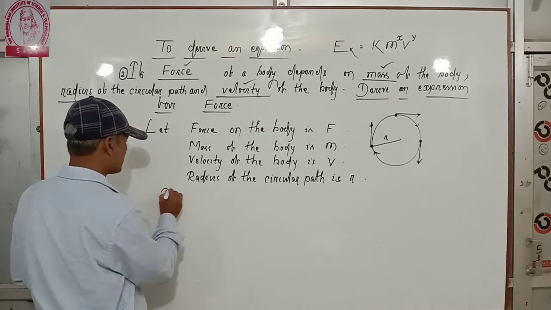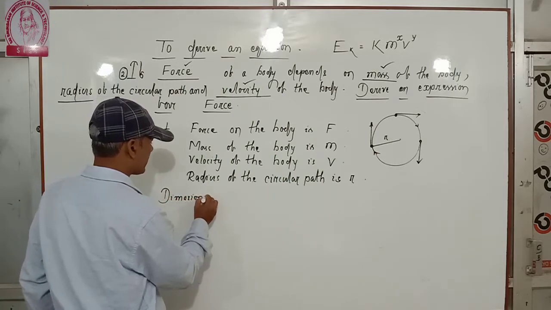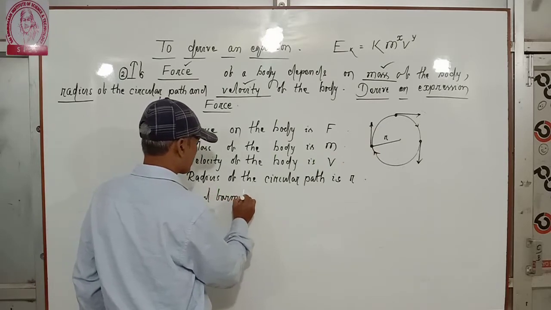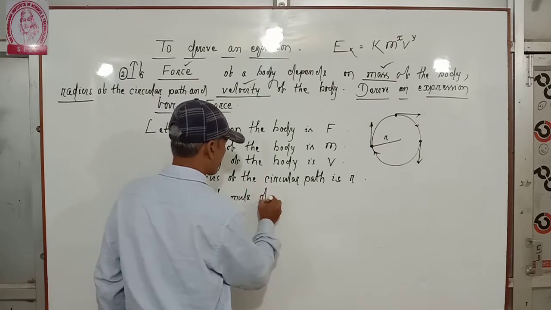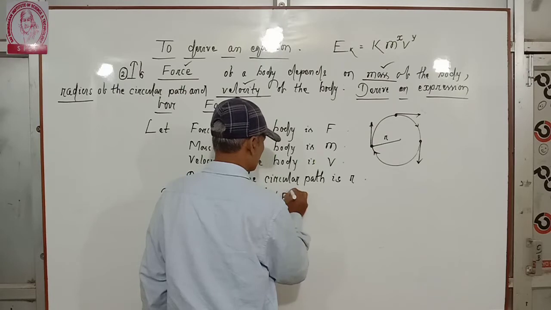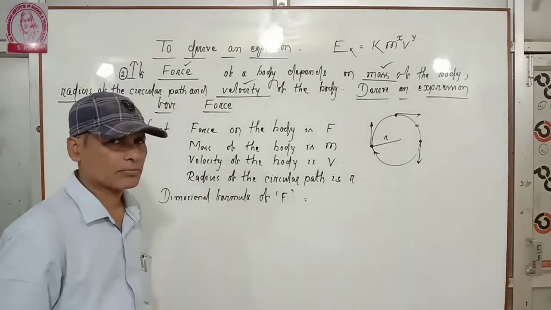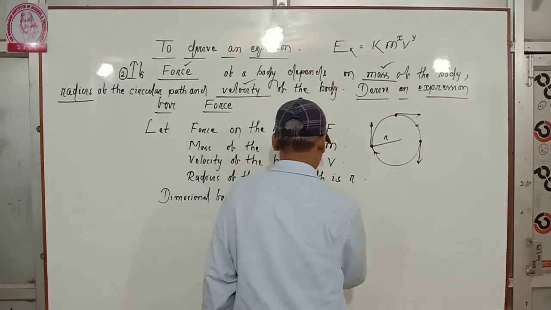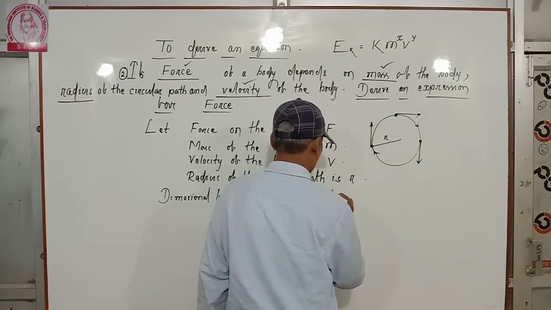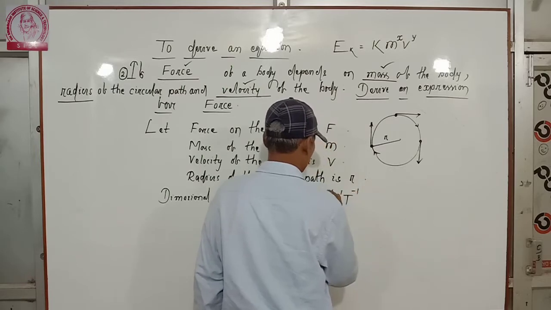First, the dimensional formula of F. You know the dimensional formula of F, it is M1 L1 T minus 1.